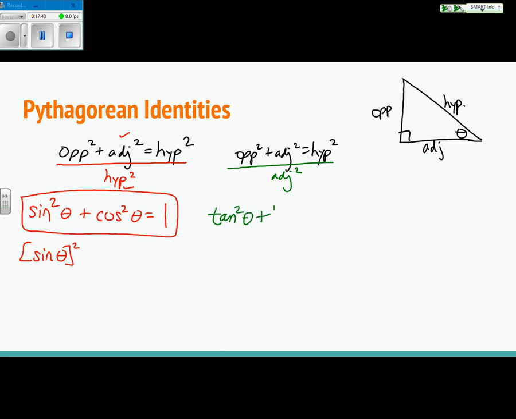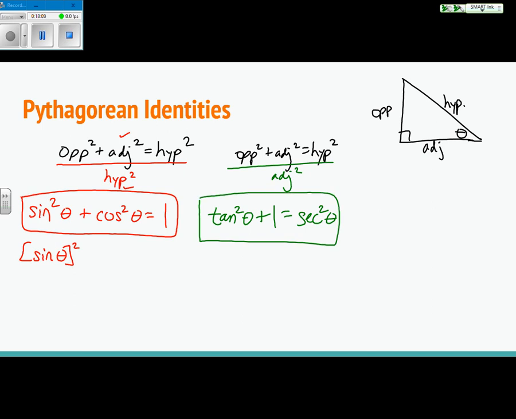Adjacent divided by adjacent is just going to be 1. And then I have a weird one, hypotenuse divided by adjacent. Which one is that? It's my secant, absolutely. Secant squared theta. You guys are still waiting on that secant joke. Okay, keep waiting. All right, this is identity number 10.